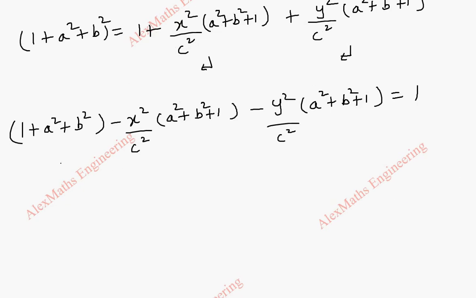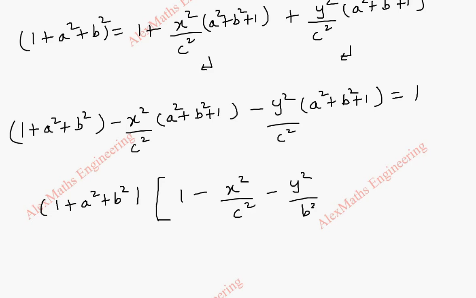Now we can take 1 plus a square plus b square common. So we are left with 1 minus x square by c square minus y square by c square equal to 1.